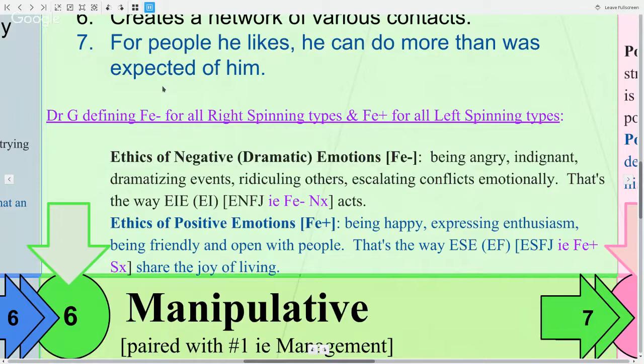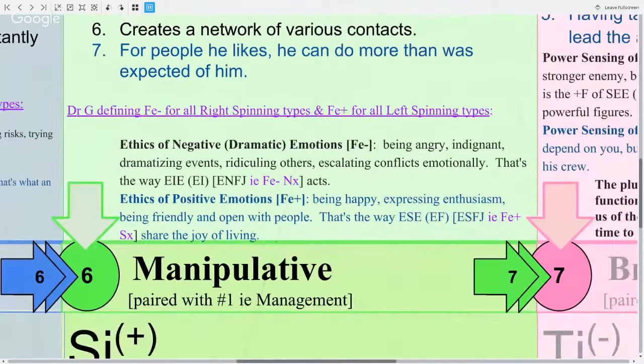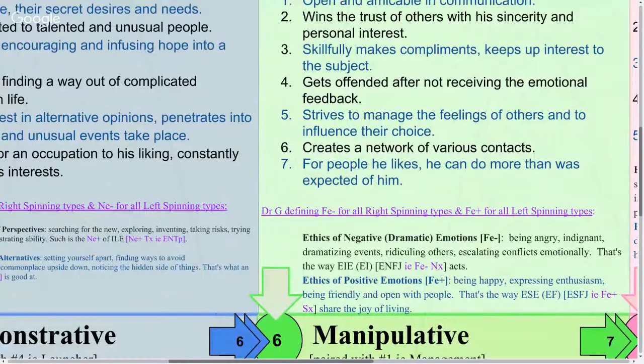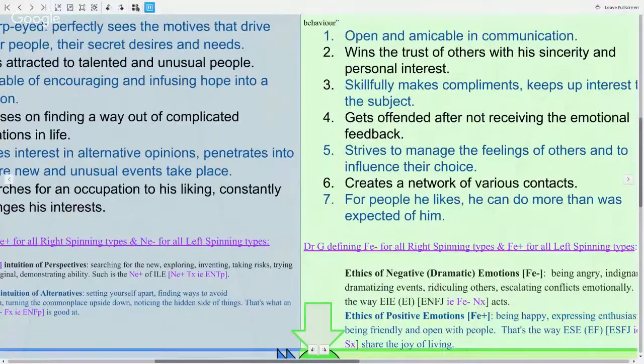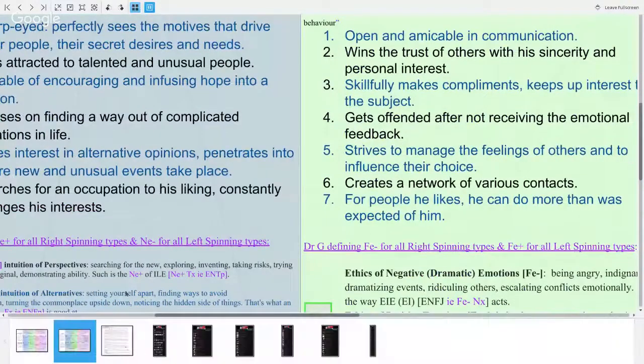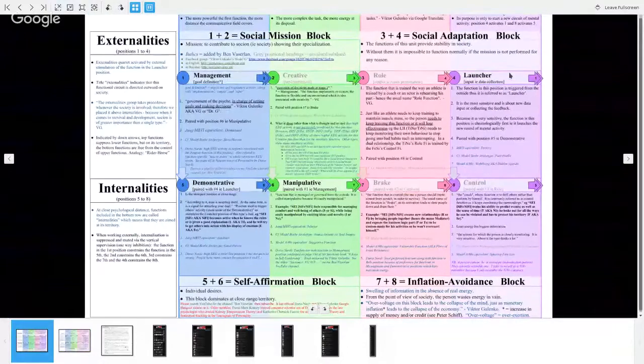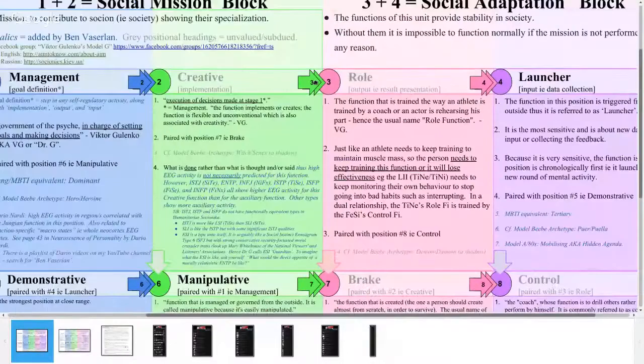So, now we're going to go on to the next one. I want to explain the position and the fact that it's in the social adaptation block. So when you've got a task and you can't use these two, then you've got to use these other positions.